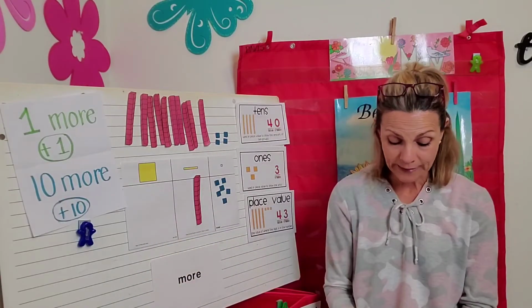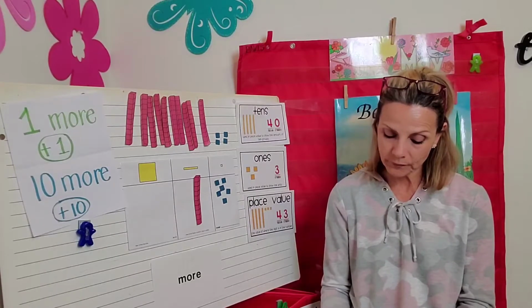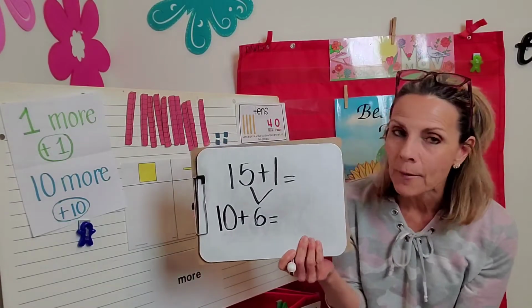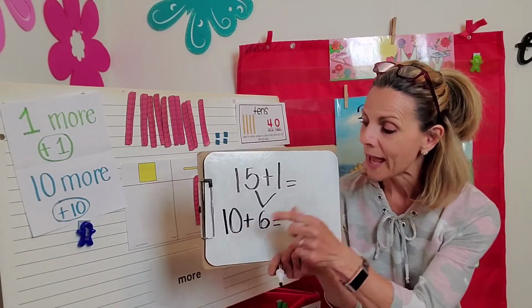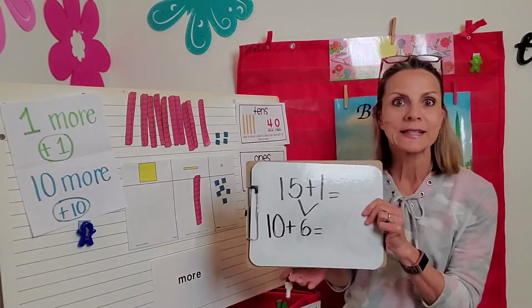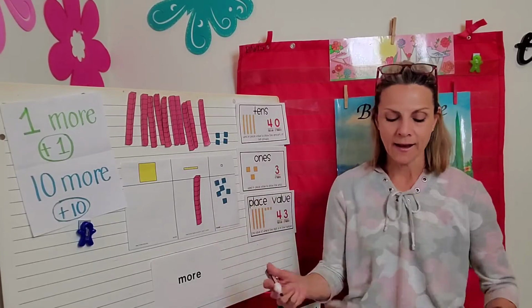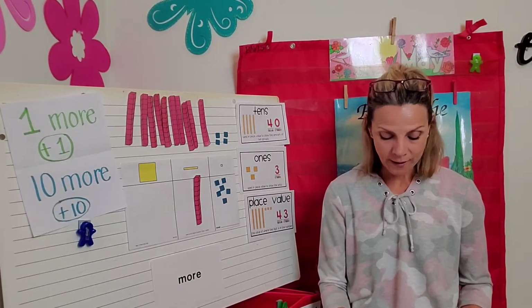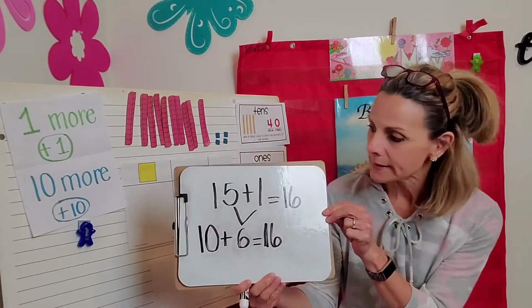So I'm going to bring down that value, kind of just breaking apart, thinking about values. And now I know that 10 plus 6 is 16. 10 plus 6, 16. Therefore, 15 plus 1 can be solved, and it is also 16.